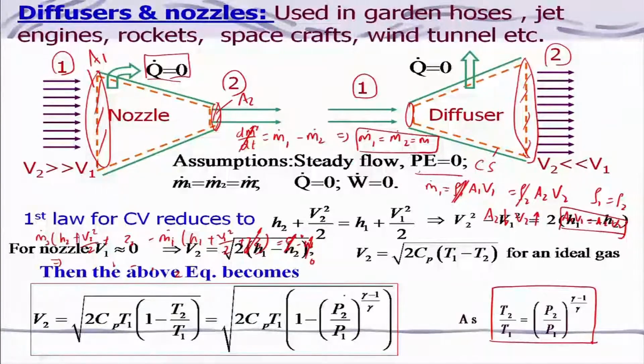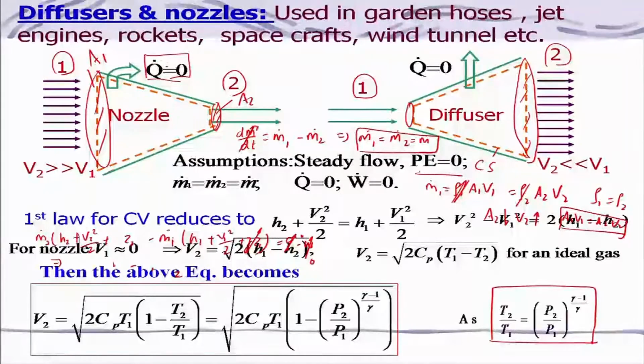I can put that here. The flow can be considered isentropic provided you assume there is no friction on the wall, which is very unlikely, but we consider isentropic flow for the analysis because of simplification, and we have already assumed that heat loss from the system is 0.